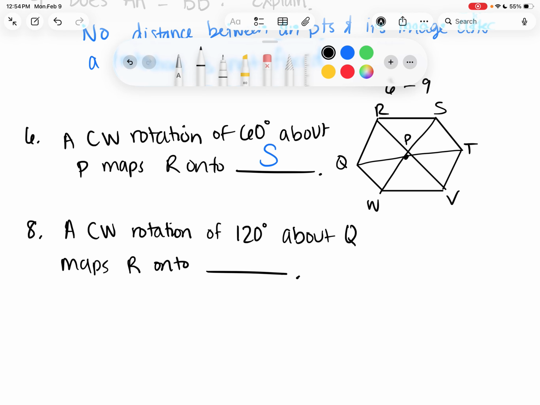And it's about Q, so that means this is our point of rotation right here. W. Yep. Because it's taking this whole thing and it's shifting it around, so R is going to end up landing over here because we've got our 120 degrees there.